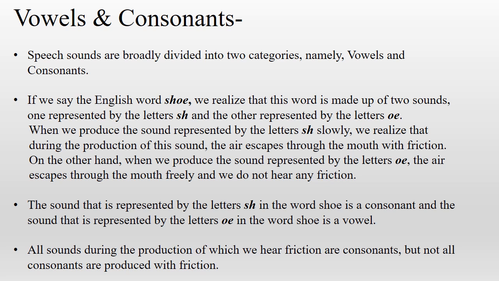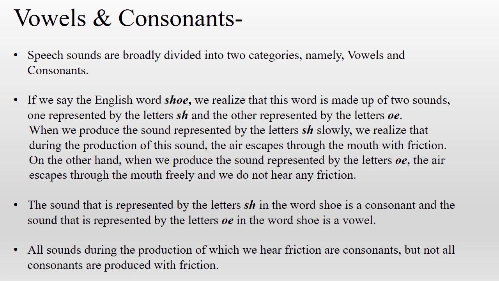We have already seen that the speech sounds are broadly divided into categories, namely vowels and consonants. Let us see the distinction between these two. If we say the English word shoe, we realize that this word is made up of two sounds. One is represented by the letters sh and the other represented by the letter u.